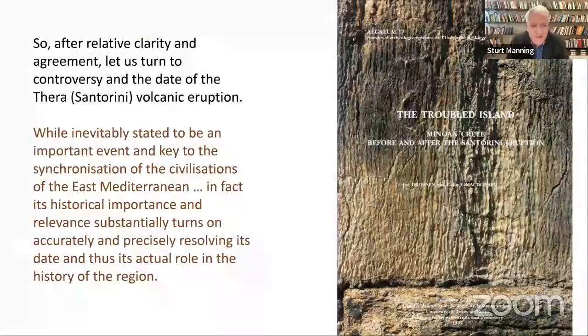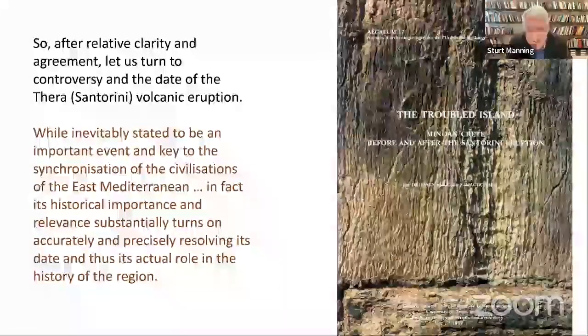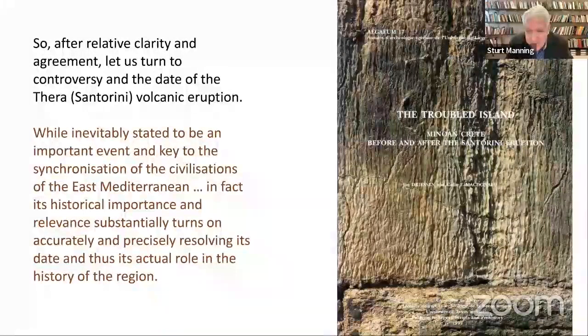Which brings us, after relative clarity of these couple of cases, to the controversy in the date of the Thera or Santorini eruption and its general importance. I think it's perhaps worth highlighting the fact that the eruption, in a sense, is unimportant unless it can actually be dated, because its importance only exists if it can be brought into contact with history.